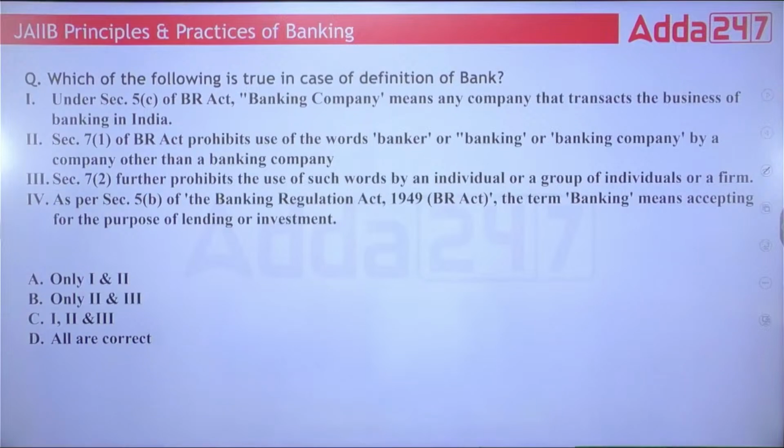As per Section 5B of the Banking Regulation Act 1949, the term banking means accepting for the purpose of lending or investment. Options are only 1 and 2. Second option is only 2 and 3. Third option is 1, 2 and 3. And the last option is all are correct.